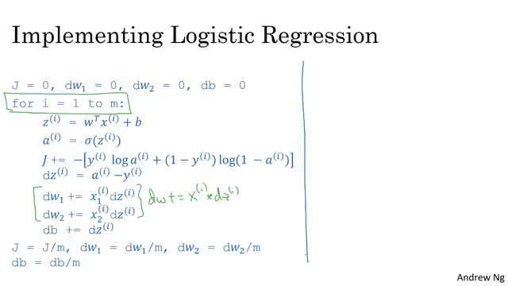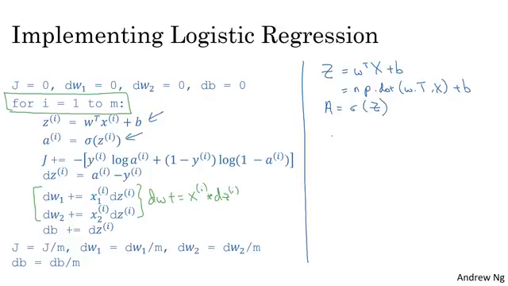So using what we had from the previous slides, you would say capital Z is equal to W transpose X plus B. And the code you write is capital Z equals np.dot(W.T, X) plus B. And then A equals sigmoid of capital Z. So you've now computed all of this for all the values of i.